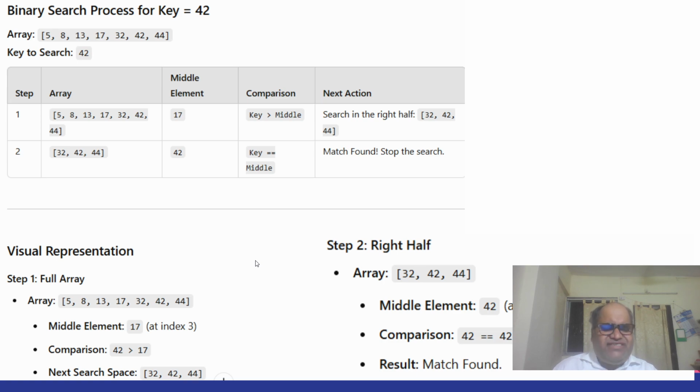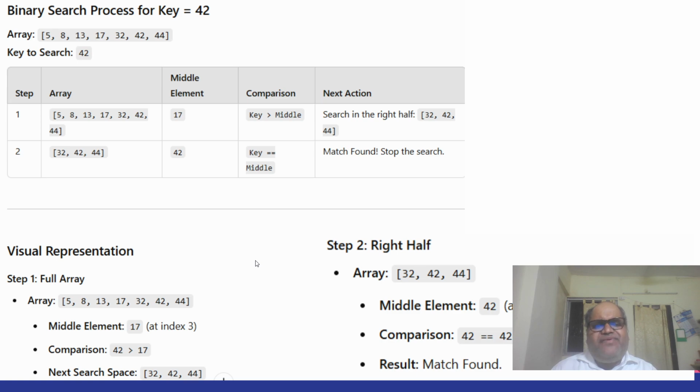So in the first step, you determine that your target sub array is the right part. So what is there beyond 17? It is 32, 42, 44, right? And in this particular sub array, you now have indices 0, 1, 2, and if you look at low, mid, and high, the mid is going to be index 1, and that is 42.